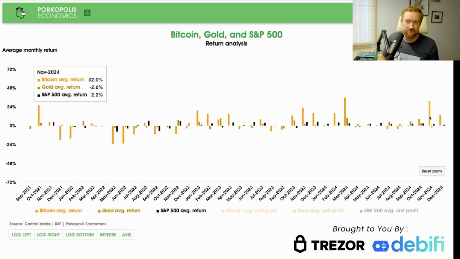Obviously, that was a huge month in November. That 100 grand over whatever it was, 60 grand, 50 grand the month before, 32% return on average. And 2024 is still a 13% return over November. Okay. So those two candles, even right there, just dwarf anything that stocks are giving you, anything that gold is giving you.